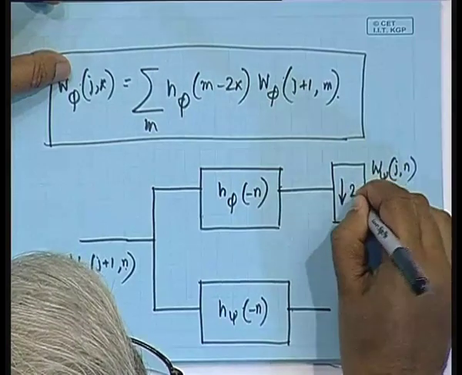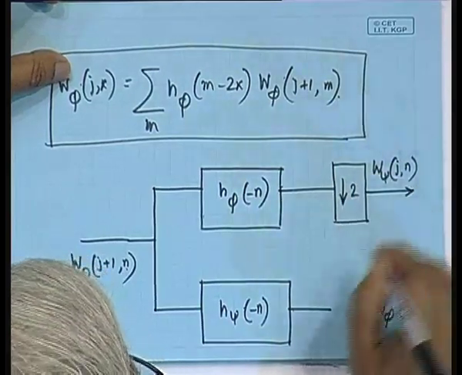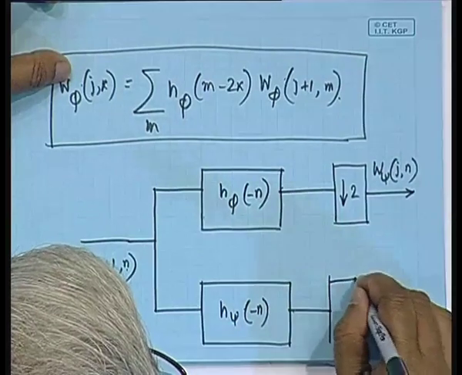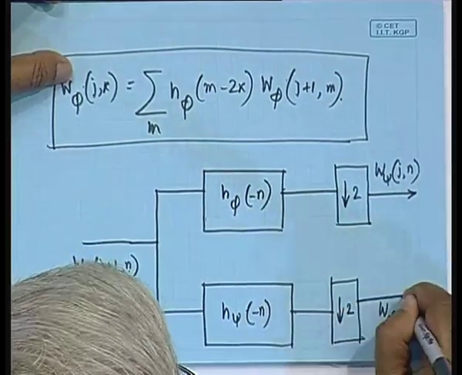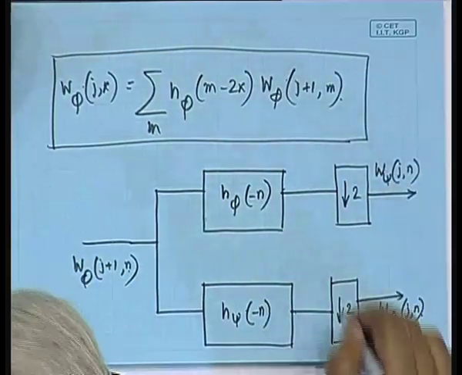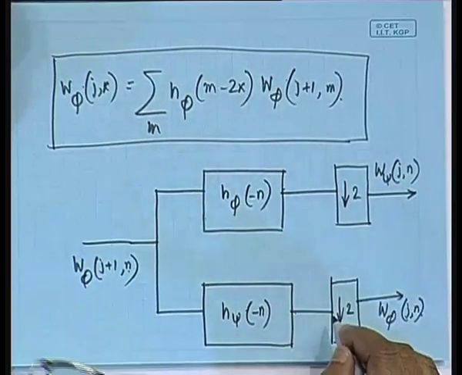I did not talk about this decimation because I want you to interpret the decimation in a little different way, and I am coming to that point soon. If it is decimated by a factor of 2, that means you just take the alternate samples and you drop the alternate samples.